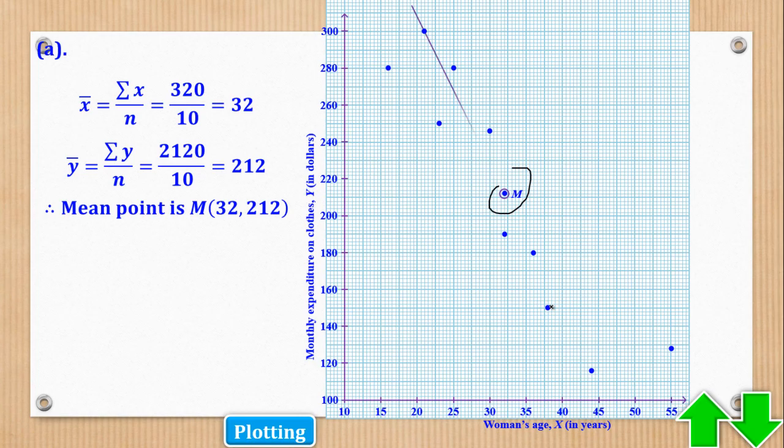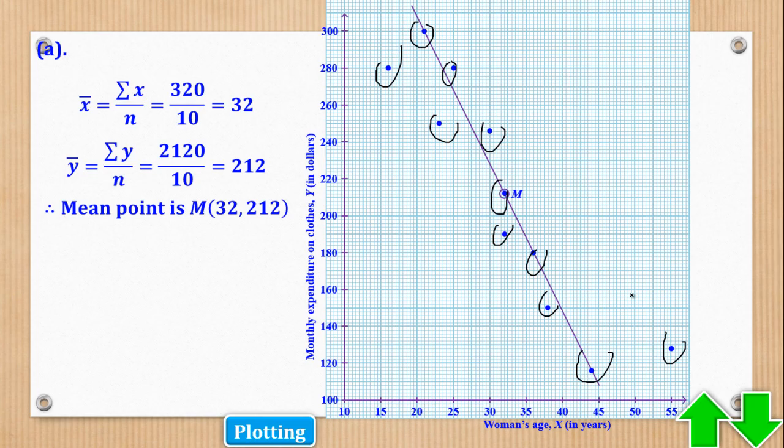So when you see that line, it has passed through 1, 2, 3 more points after the mean point. How many points has it left on this side? 1, 2, 3, 4. What about this side? 1, 2, 3. So that means it has fulfilled all the 3 conditions.